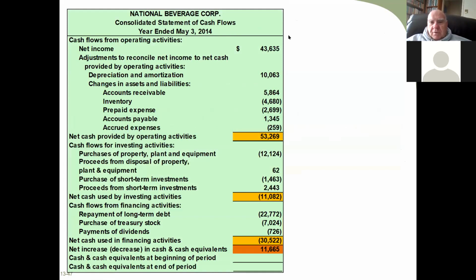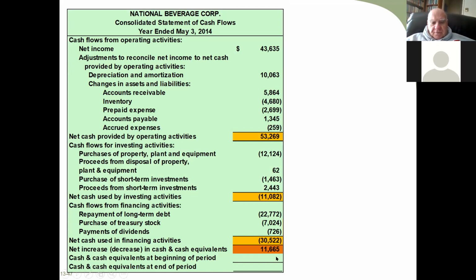Now we're back to our cash flow statement. We had just finished putting in the 726 for retained earnings. 53,269 operating, minus 11,082, which was a negative cash flow for investing, minus 3,552, which is the negative cash flow for financing.